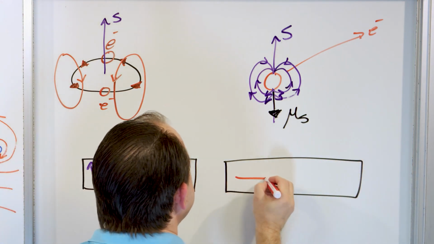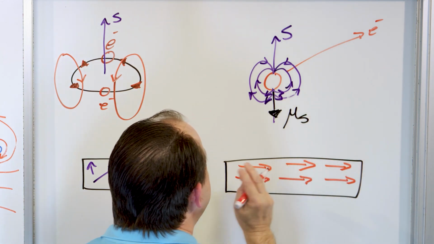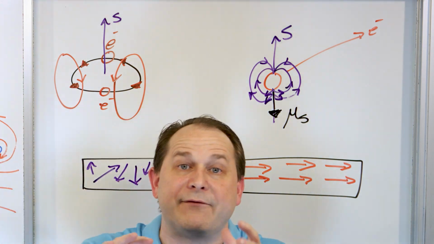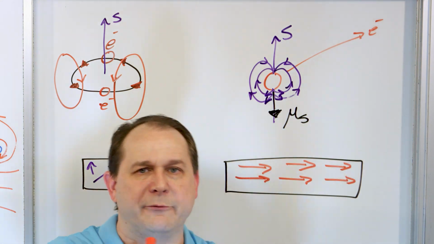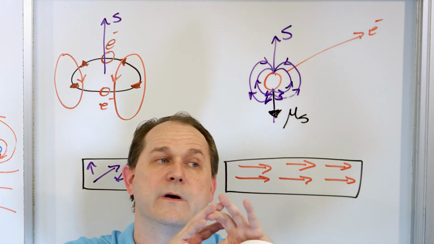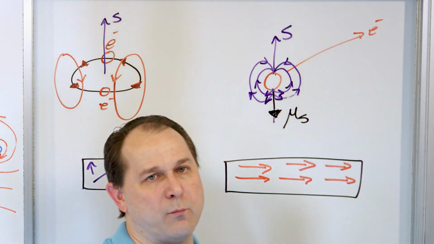Then you can end up aligning them in the same direction. Now, in reality, they're not all lined up in the same direction, because remember, everything is at a certain temperature, everything's being agitated. So thermally, there are collisions happening and things are being knocked out, but still there's an overall alignment in aggregate across the material. And that makes the magnetic field emanate from one side to the other.